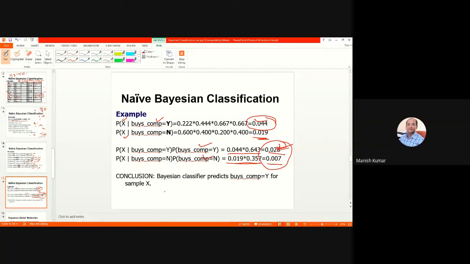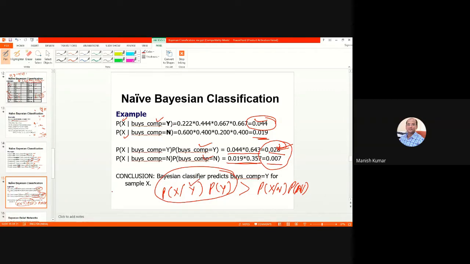So that means P(X|Y)P(Y) is greater than P(X|N)P(N). So this is what we have. So the unknown sample will belong to yes.